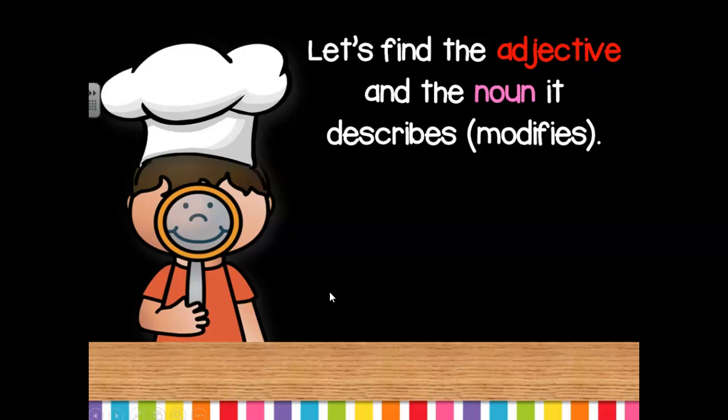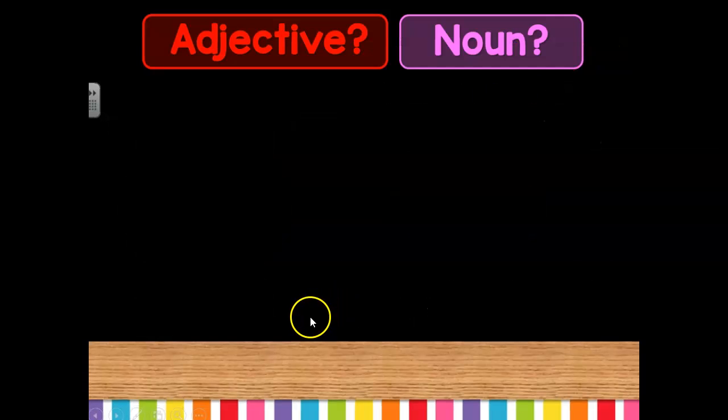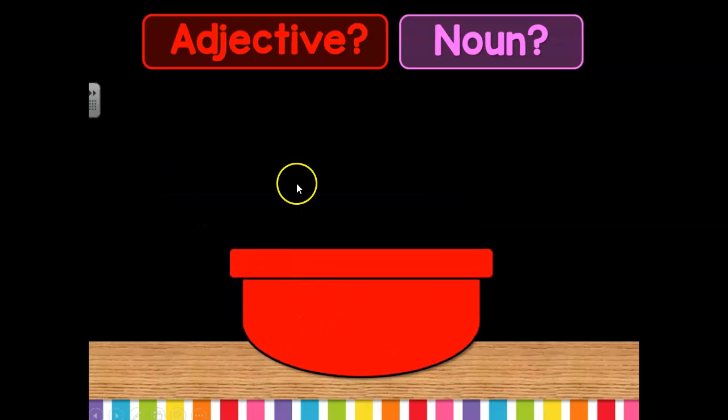Now let's find the adjectives in each sentence and see the noun that it modifies or describes. If you have a whiteboard, you can write your answer on it as we go along. Here we go. All right, think about it. What is the adjective and the noun?